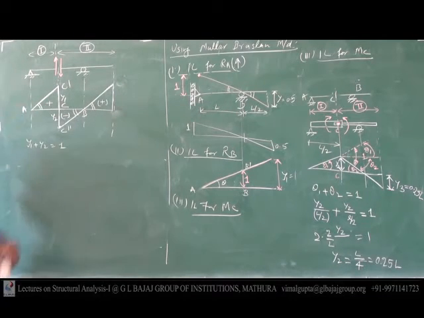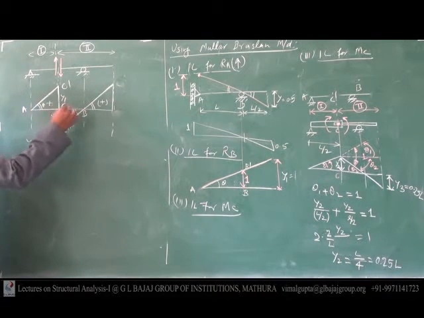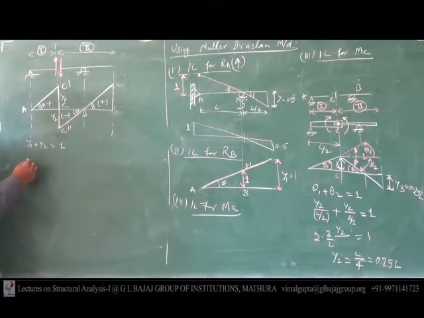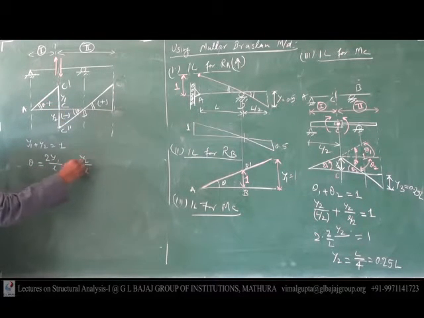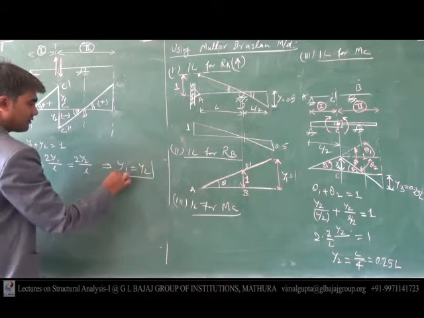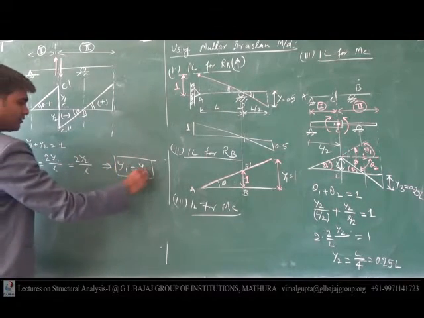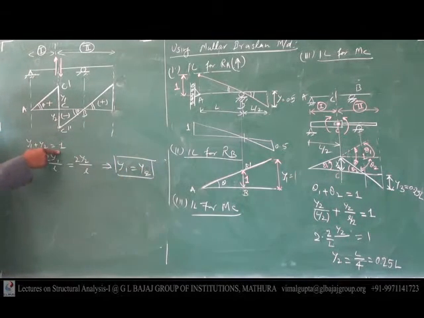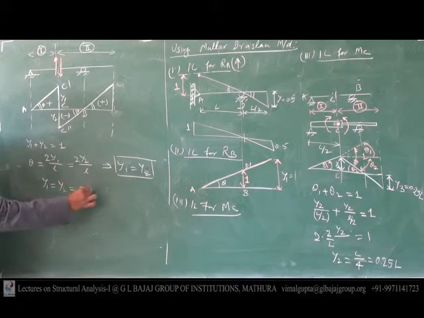But how you have to calculate? If this value is theta, then this also theta. So theta equals to y1 divided by L by 2, equals to y2 divided by L by 2. So from here we can conclude that y1 equals to y2. If y1 equals to y2, and y1 plus y2 equals to 1, therefore y1 equals to y2 equals to 0.5.